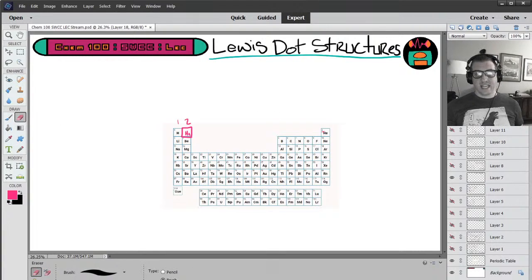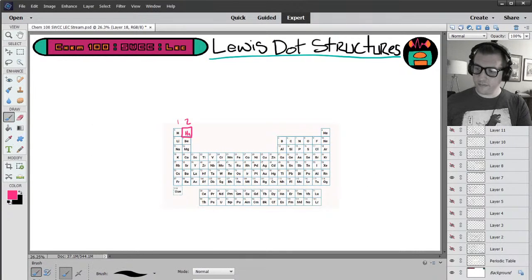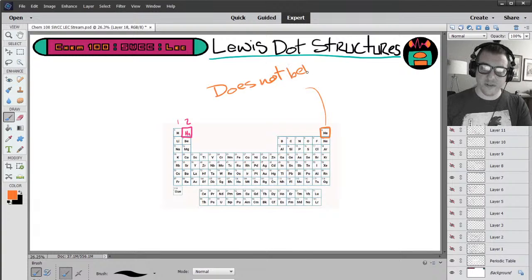But the thing is, its electron count would be a reason why it would go in the second column. The catch is, helium does not behave like a second column element.